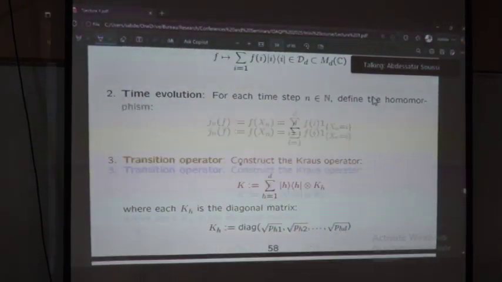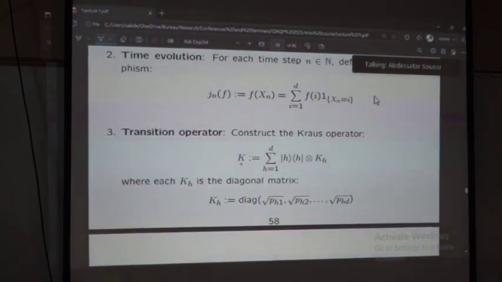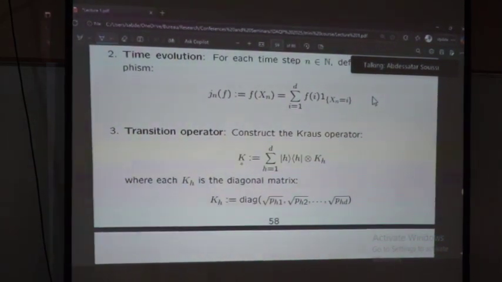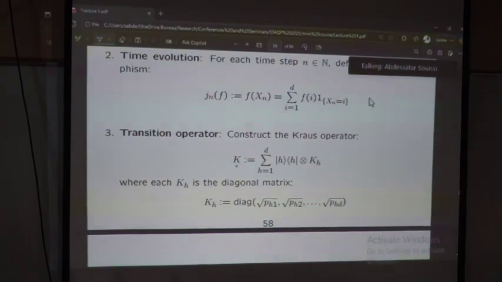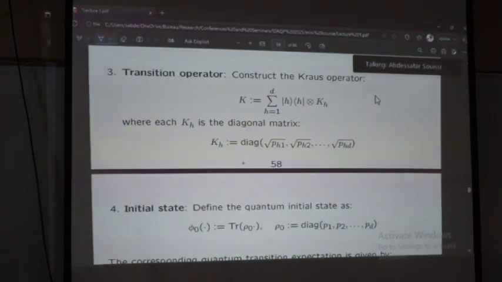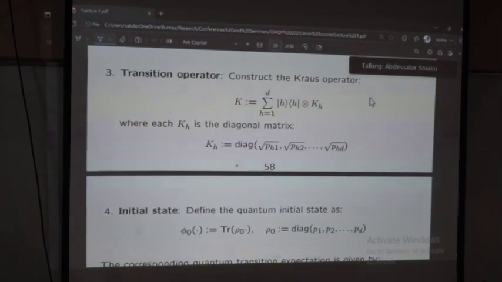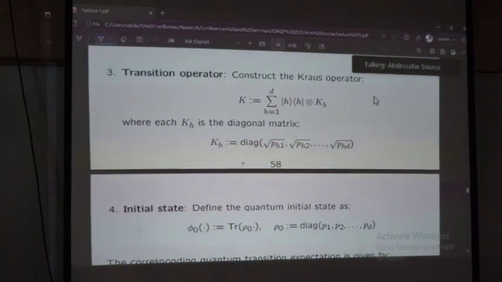Using this condition, H is the diagonal matrix whose entries are the square roots of the transition matrix.